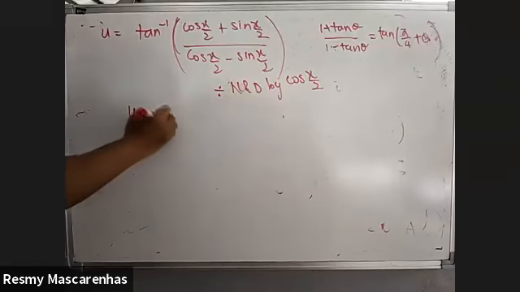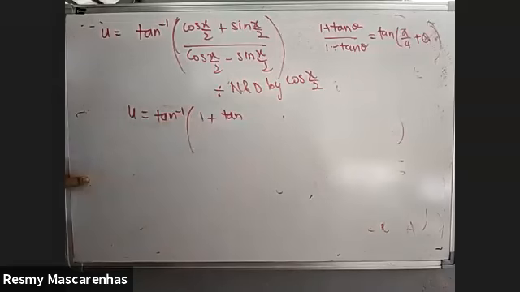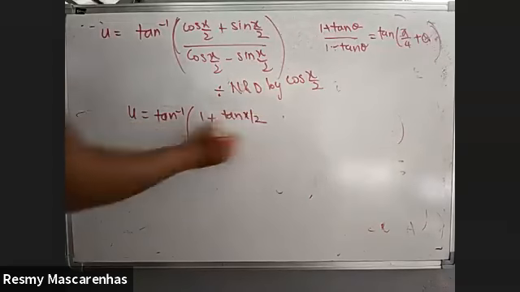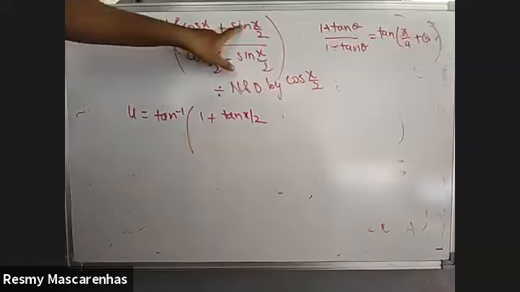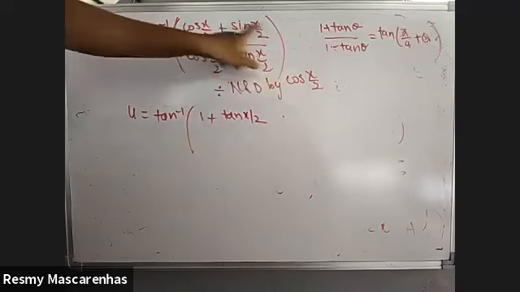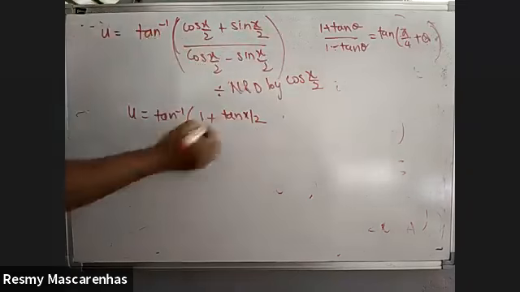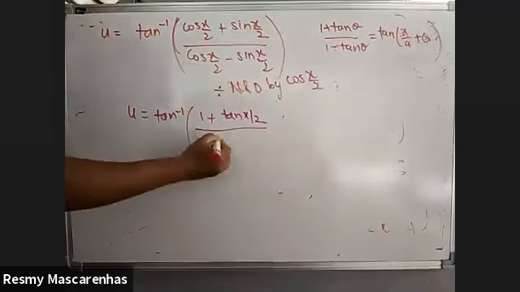So when you divide, this will be tan inverse of 1 plus tan x by 2. Cos and cos will become 1. All the terms will get divided by cos x by 2. Sin x by 2 upon cos x by 2 is tan x by 2. Same way, this and this will become 1.